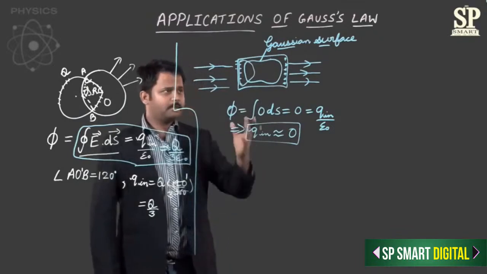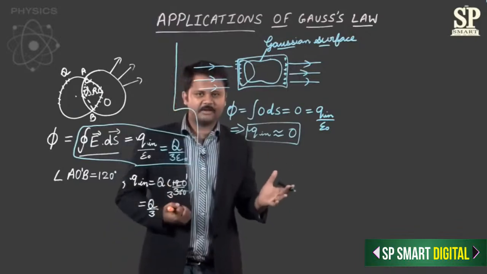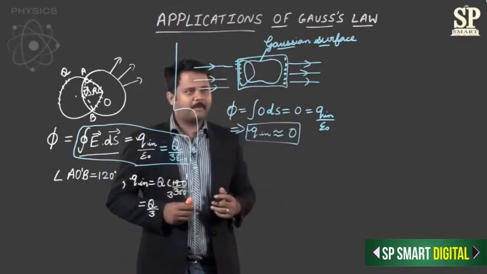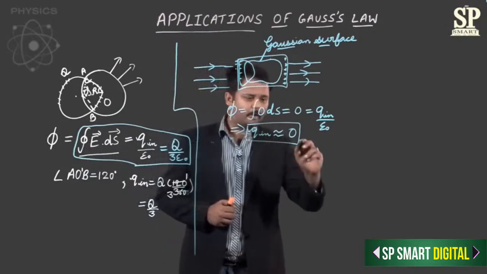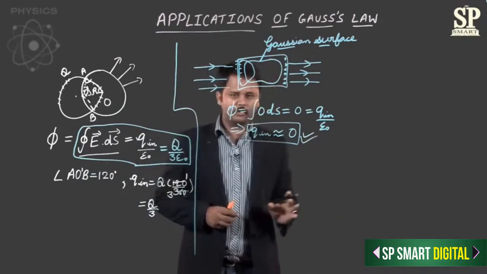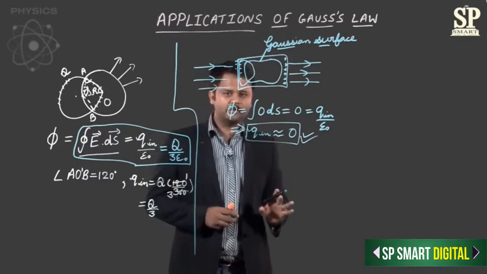But we know that the electric field at every point on the surface is 0, and hence the electric flux has to be 0. Applying that logic, this is one of the very interesting results that we have obtained, that charge enclosed inside the conducting block is always 0.